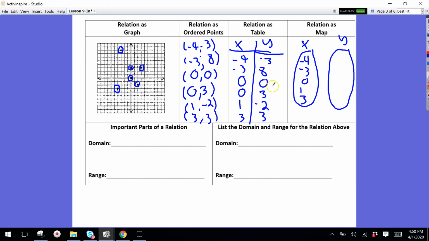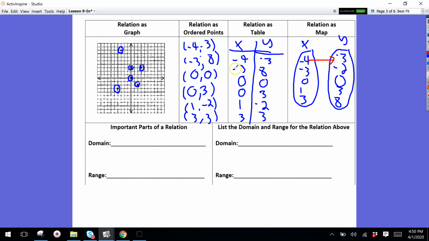Now my y's: the smallest y that I have here is -3. Then the next smallest is -2. Then I have 0. Then the next number would be +3, and then 8. What a map does is it takes the x value and maps it to the y by showing an arrow. So -4 is mapped to -3, according to this first point.